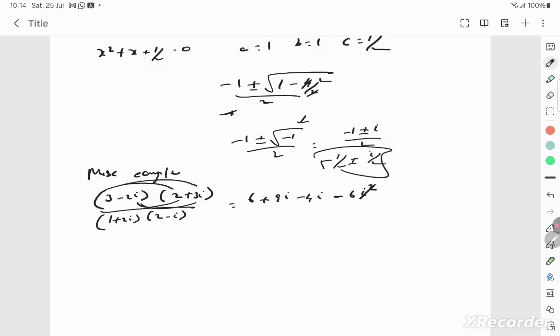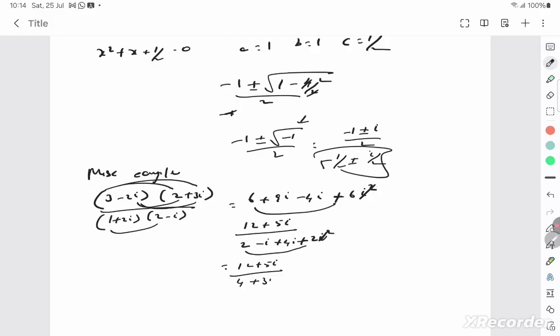And i square is minus 1, so plus 6. 6 plus 6 is 12 plus 5i, the numerator. Let's look at the denominator now: 2 minus i plus 4i minus 2i square. i square is minus 1, so it's plus 2. So 12 plus 5i by 2 plus 2 is 4, plus 3i.